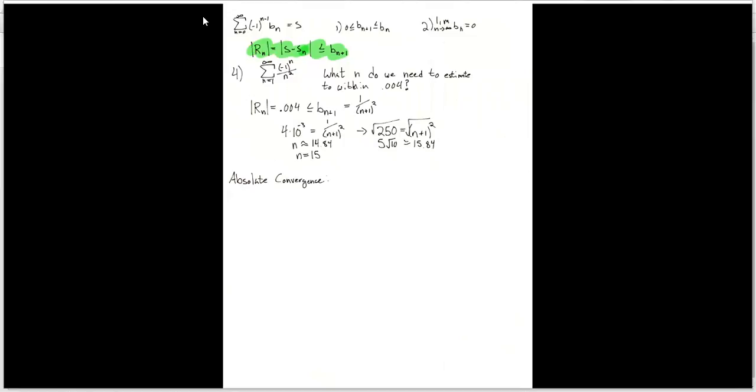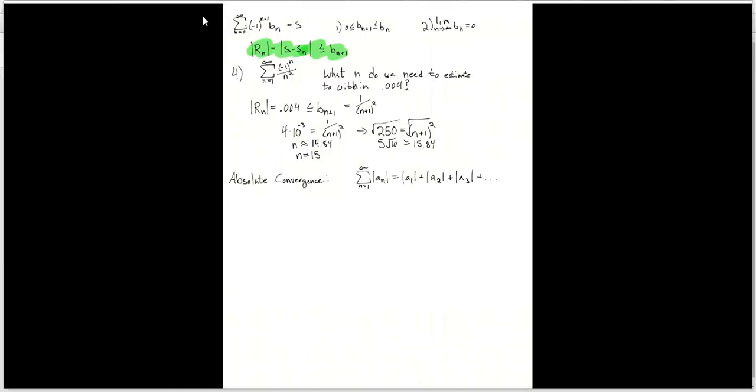So if you decided that you were going to take the absolute value of each term in the sum, you would get something like this. The absolute value of a_1 plus the absolute value of a_2 plus the absolute value of a_3, and so on.